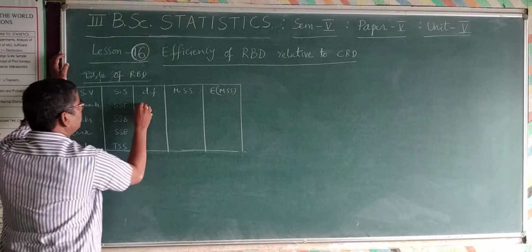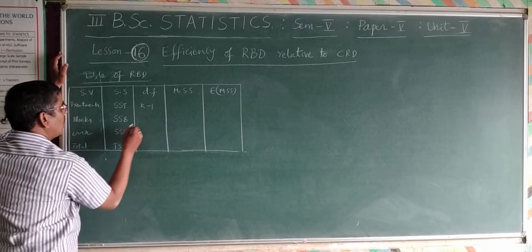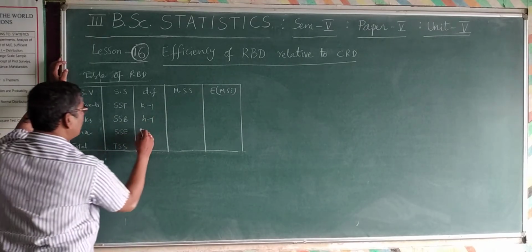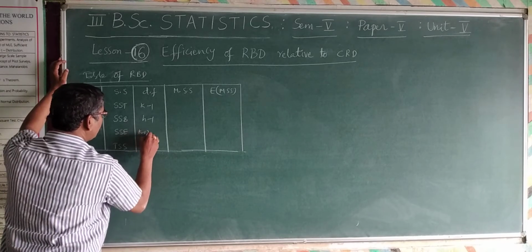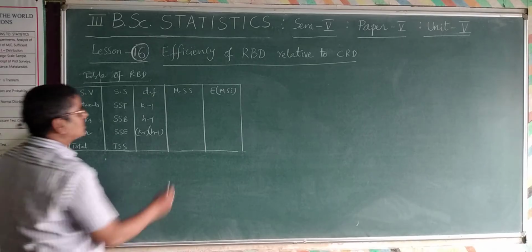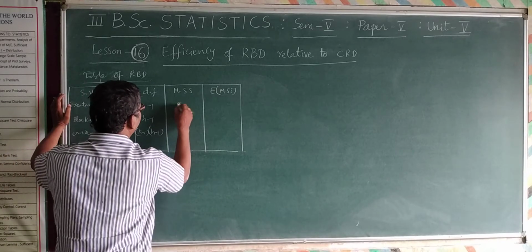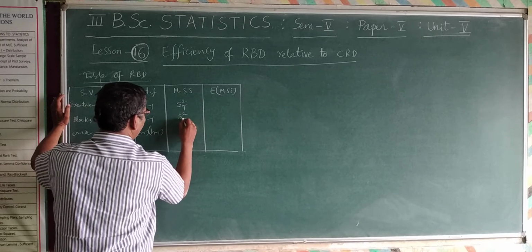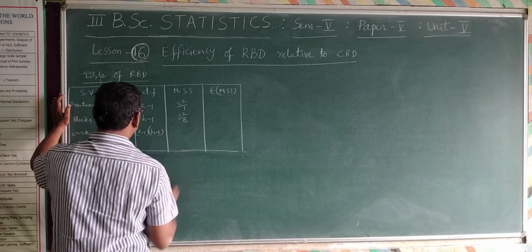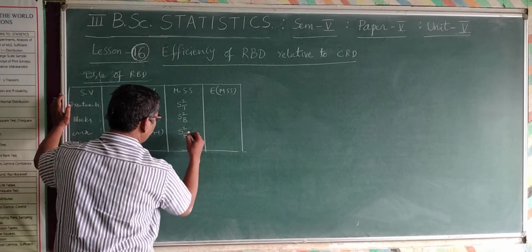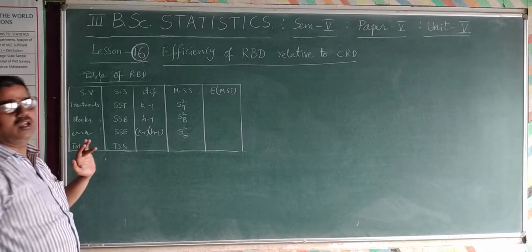Degrees of freedom is k minus 1 for treatments. For blocks, degrees of freedom is h minus 1. For error, k minus 1 into h minus 1. And the mean sum of squares: this is s square t, this is s square b, and this is s square e.